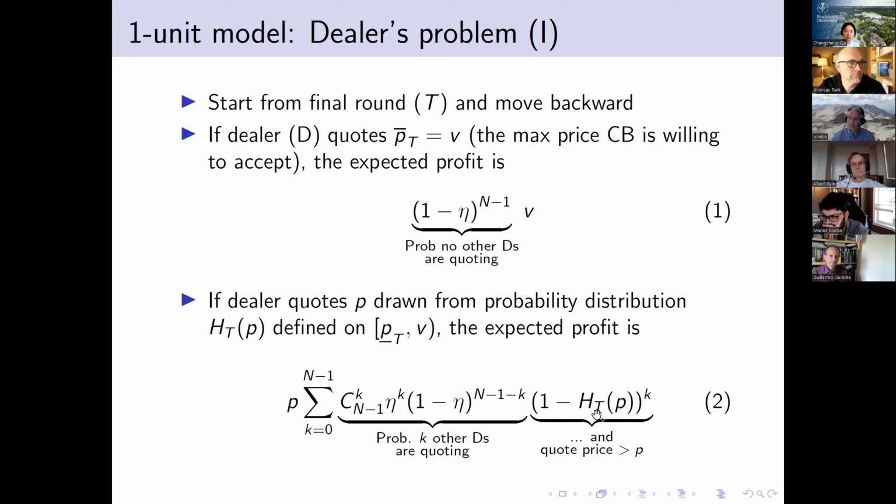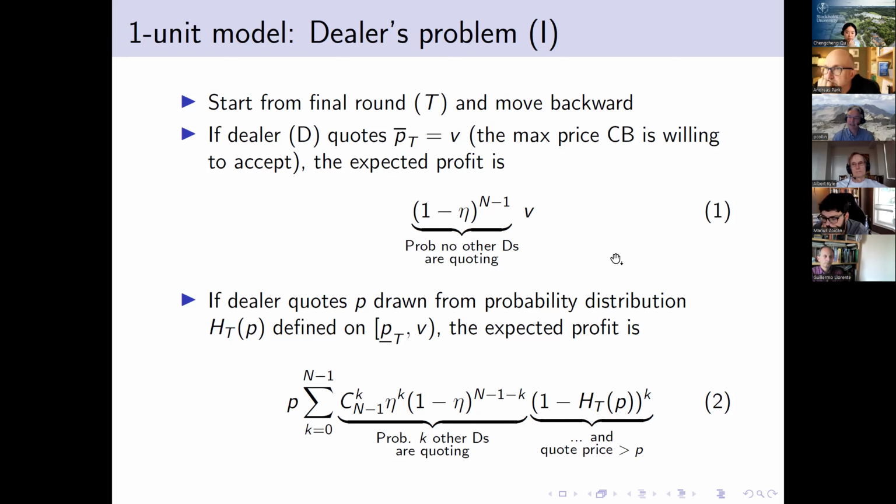And so for a dealer to be indifferent between quoting P or V, we set equation 1 equal to equation 2, and that gives us the endogenous, continuous density from which a dealer would be indifferent between quoting P or the maximum reservation value of the central bank at maturity. And so we get this nice indifference condition, and this approach is what has been done in these previous papers.